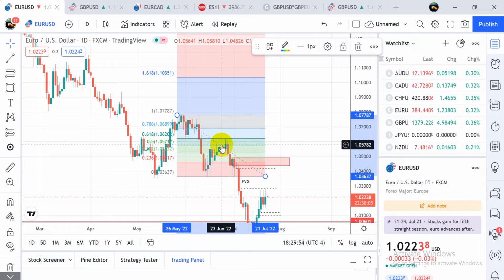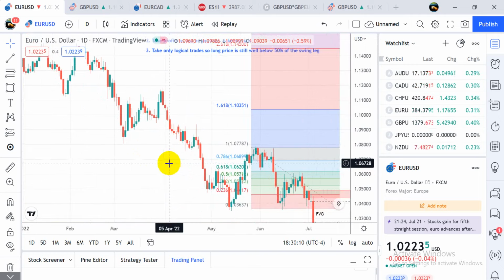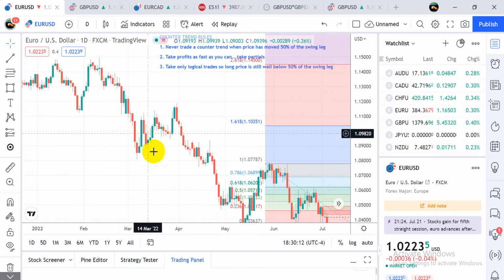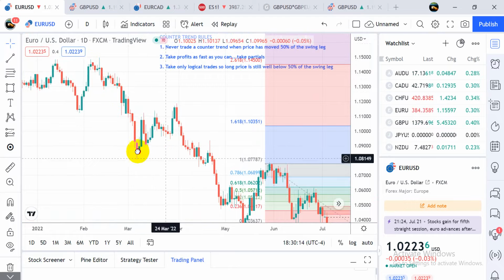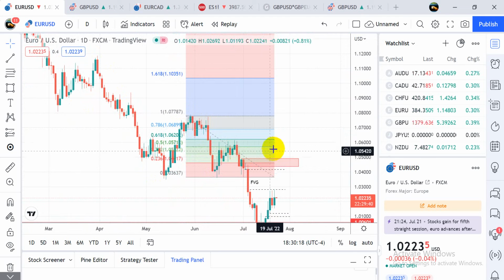Now 50% is what we call fair value or equilibrium price. That is where buyers and sellers are giving a fair price. Naturally, that is what price has been respecting. 50% pullback to a swing leg, and here again 50% pullback to a swing leg.